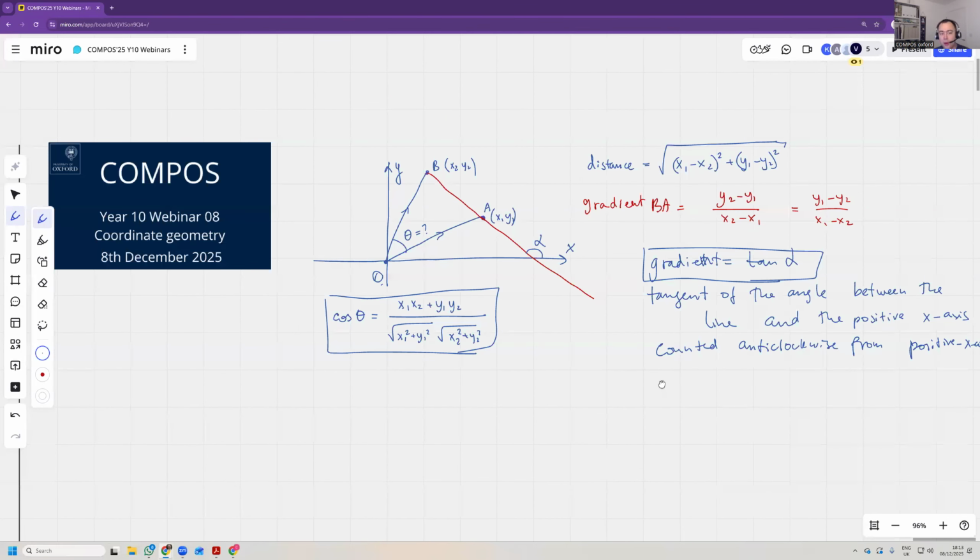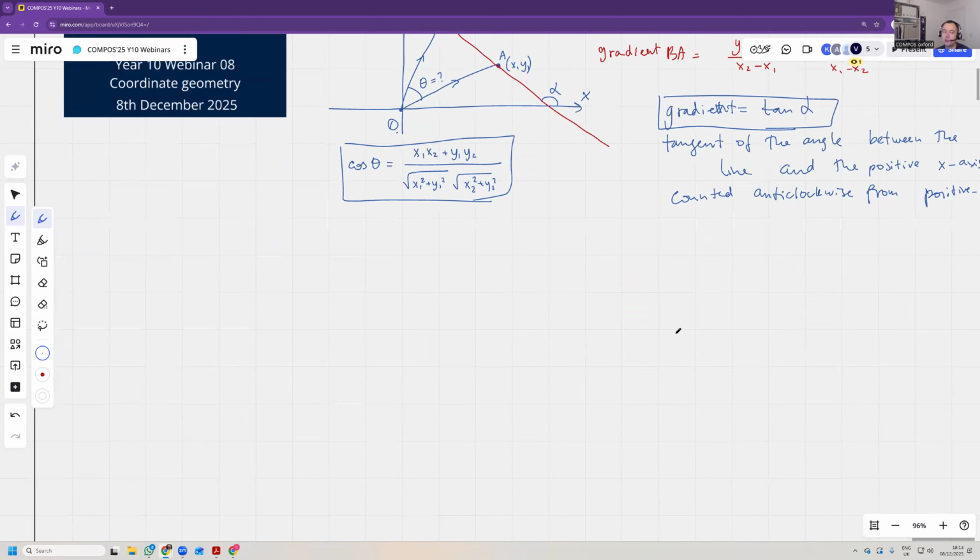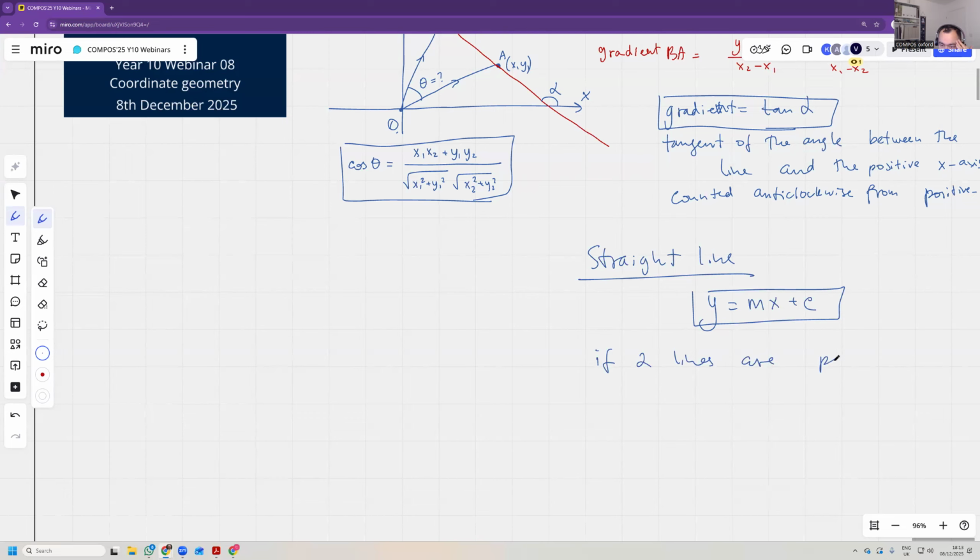Right, so there are all sorts of applications for coordinate geometry. Then a straight line can be drawn, and you probably know that, I don't need to explain that: y = mx + c. Parallel lines: if two lines are parallel, then m1, the gradient of the first line, is equal to m2, the gradient of the second line.